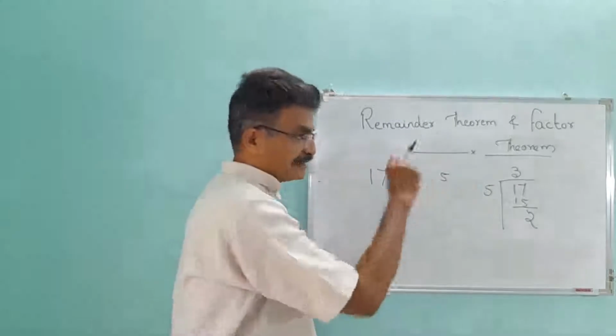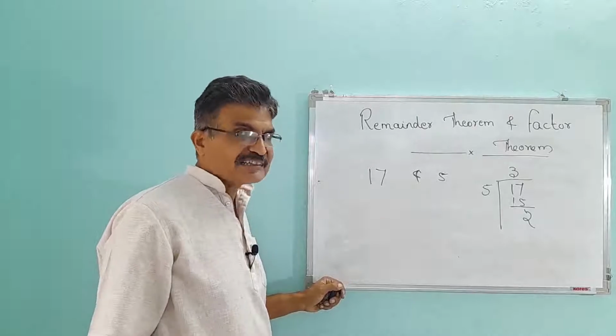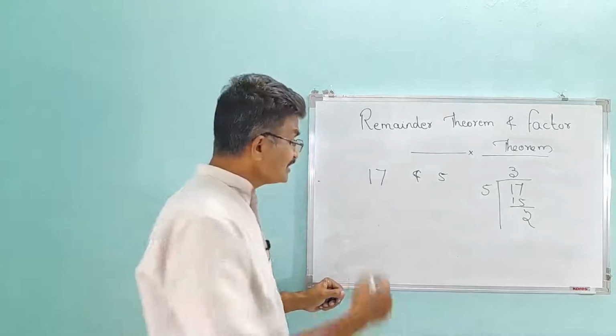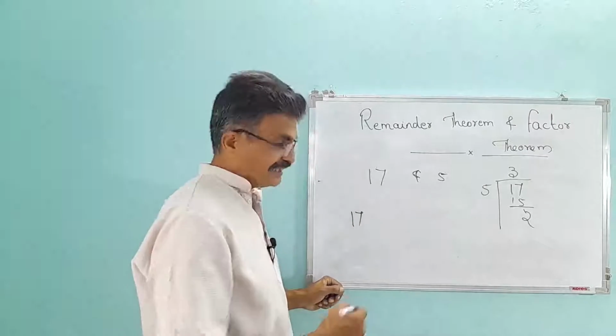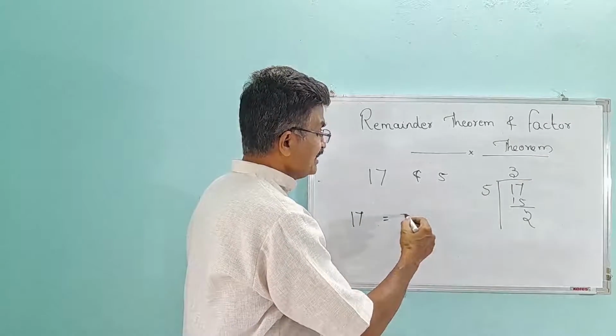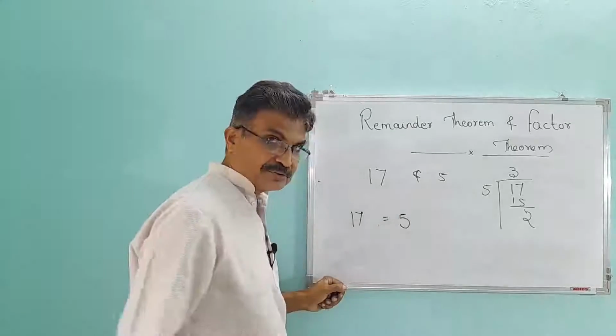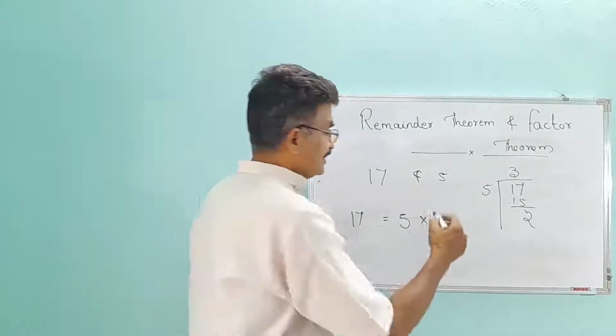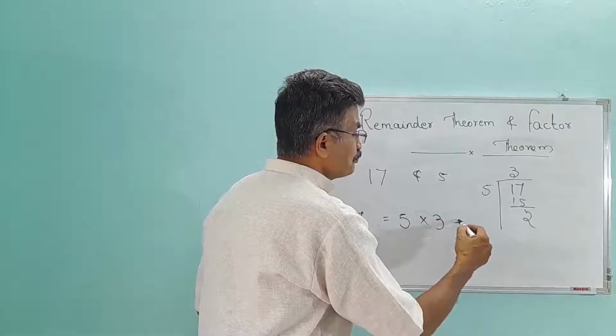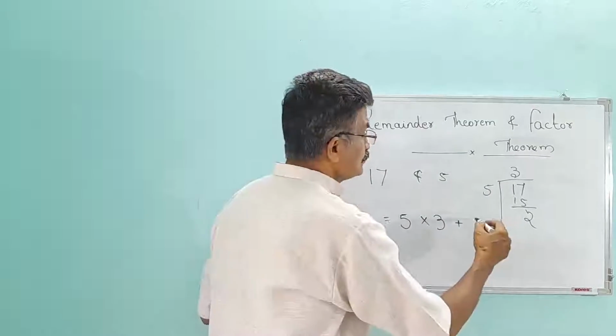This is the remainder in case of natural numbers. How can we write it? This 17 is called the dividend, that is equal to divisor, that is 5, into quotient, that is 3, plus the remainder, 2.